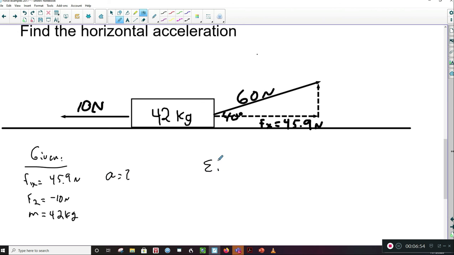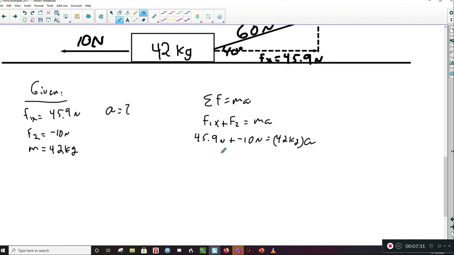So we're going to do sigma F equals ma, and I've got F1x plus F2 is equal to ma, and I've got 45.9 plus negative 10 is equal to mass, which is 42 kilograms, times A. And we have to resolve this first, collect like terms, however you want to say that.